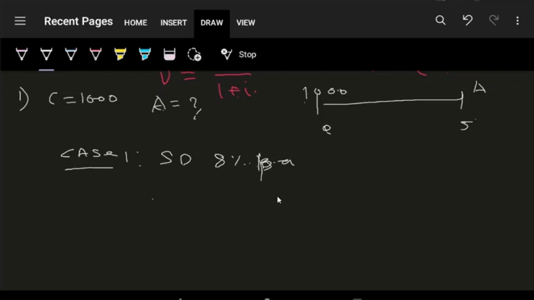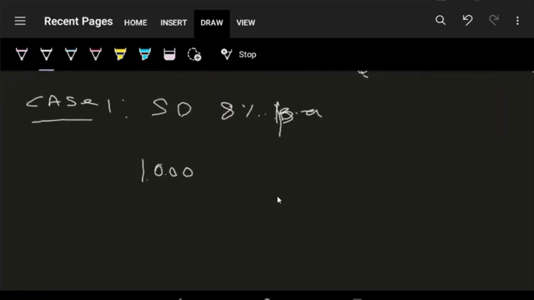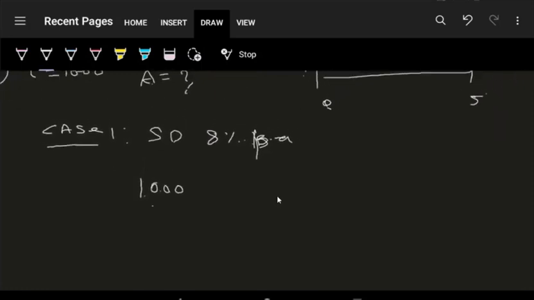So the accumulated value A5 will be 1000 into 1 upon 1 minus 5 into 0.08.